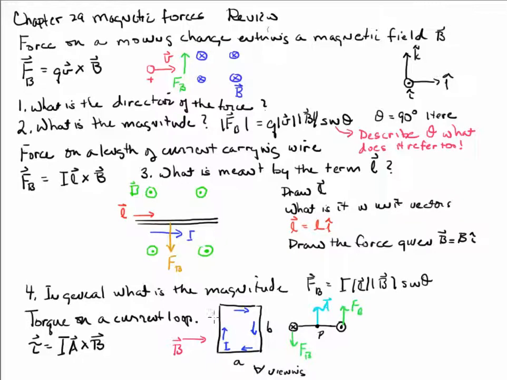Let's see if our cross product works correctly, because if I look, it's going in the counterclockwise direction as viewed along the k-axis. In unit vectors, what is A?